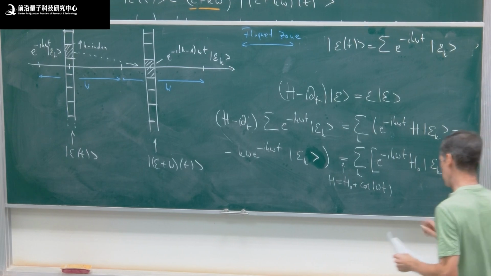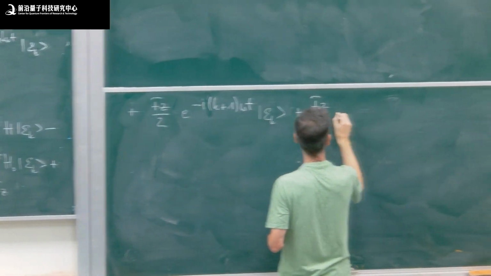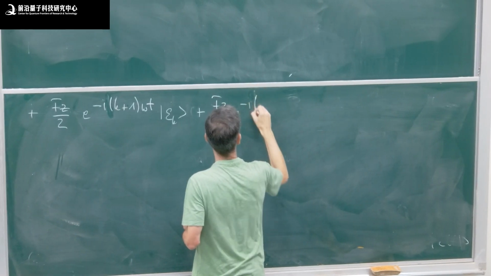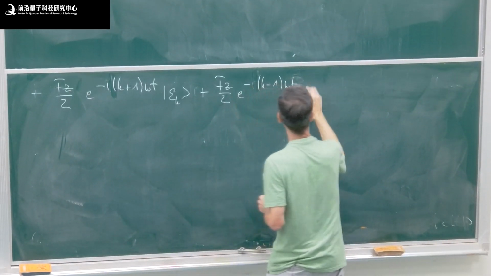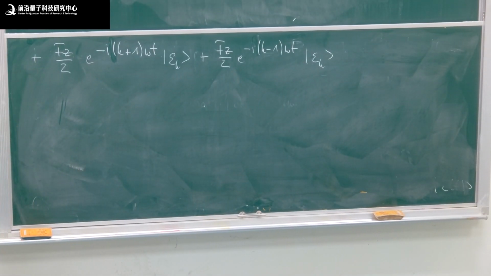So I get plus F Z over two, from the Euler representation, times e to the minus i (k plus 1) omega t Epsilon_k, and plus F Z over two e to the minus i (k minus 1) omega t Epsilon_k.